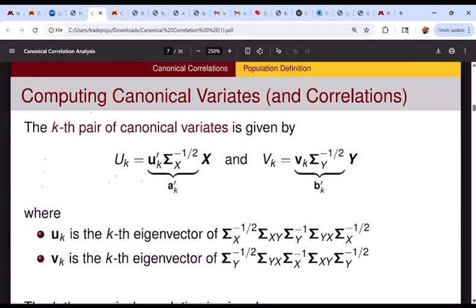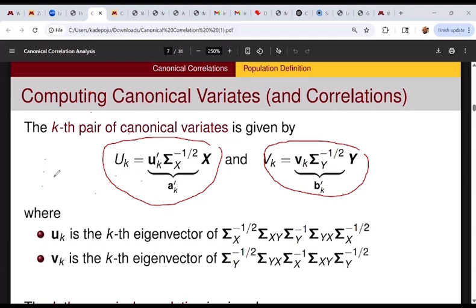Now, how do we go about computing canonical variates? When I say canonical variates, I mean the linear combination, so I want to compute the canonical variate for UK and for VK. Don't forget, a linear combination for the set of X and a linear combination for the set of Y. If I want to do that, there's something I need you to see.